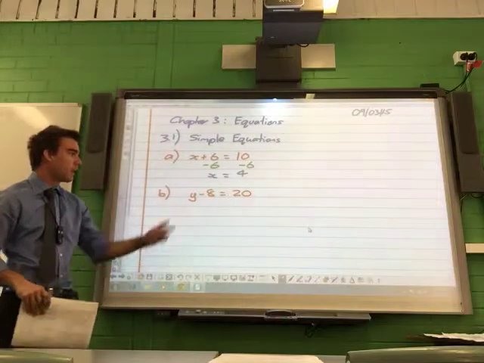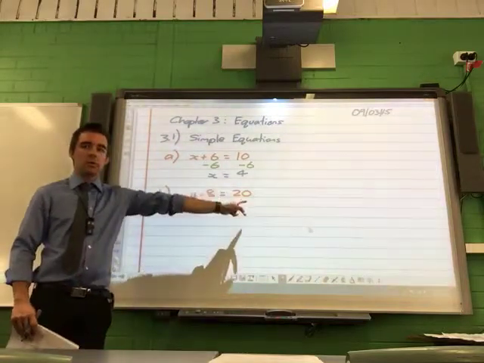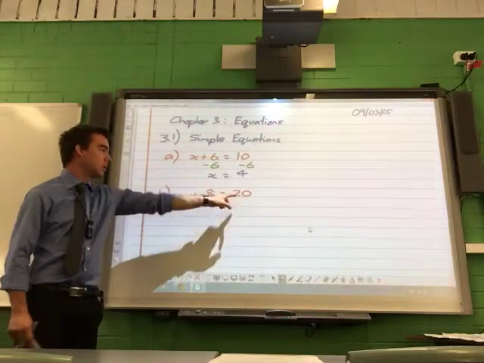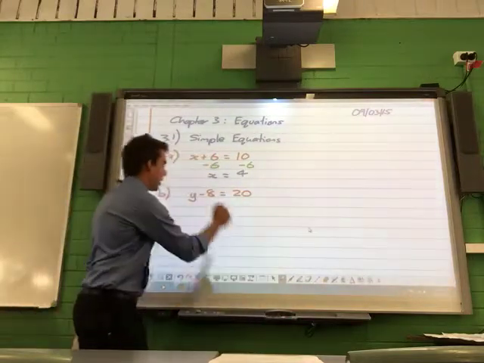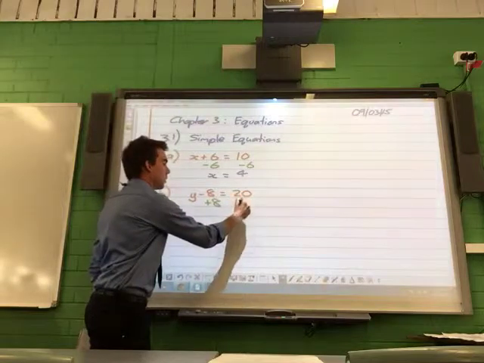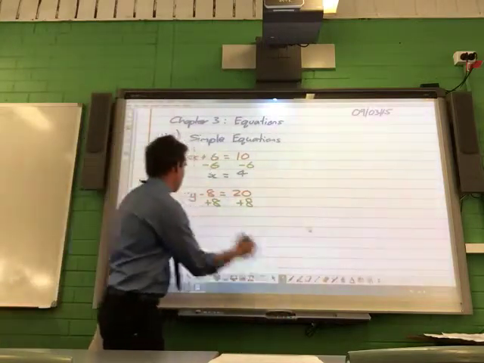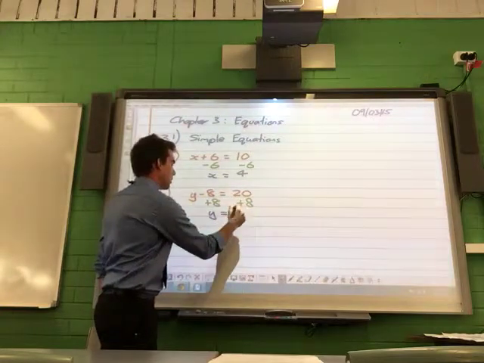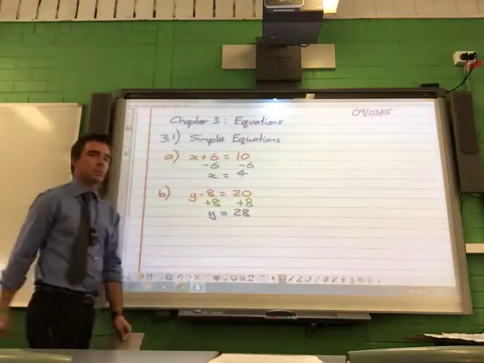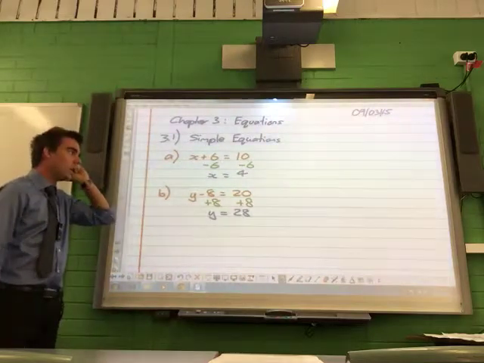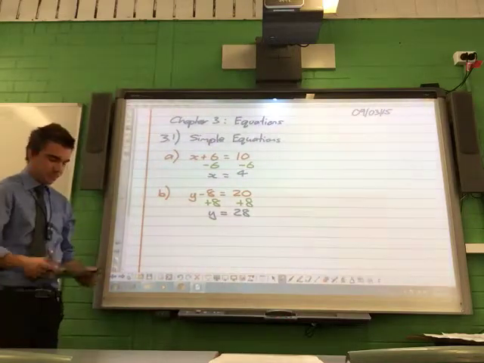In other words, what number, when you take 8 away from it, equals 20? That will be 28. 28 take away 8 will give me 20. And to do that, with my equation skills, I do the opposite, so we add 8 to both sides. To eliminate the negative 8, we take it over to the other side, is the other way to look at it.